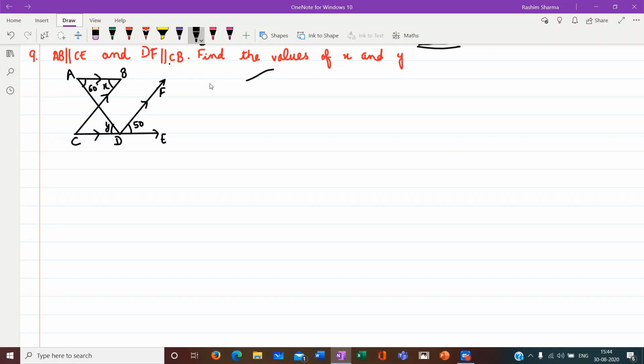Alright, now let us start here. As AB is parallel to CE, let us take AD as transversal. AD is the transversal.